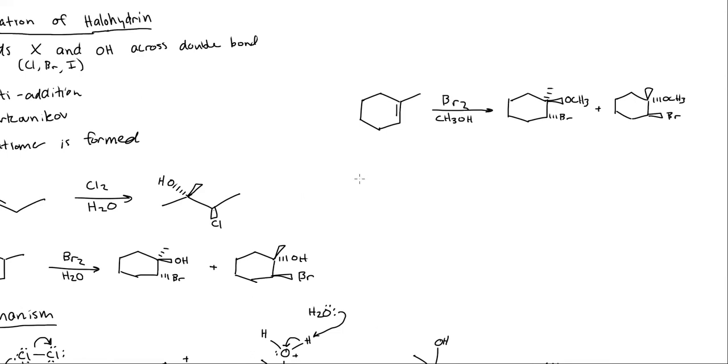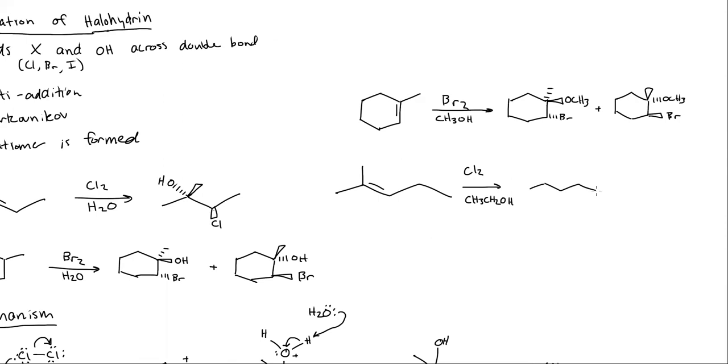But this isn't the only alcohol we can use. We can use literally any alcohol ever. So let's do this one. And then we'll do Cl2 with CH3CH2OH. So now I'm using ethanol. I can use anything, right?